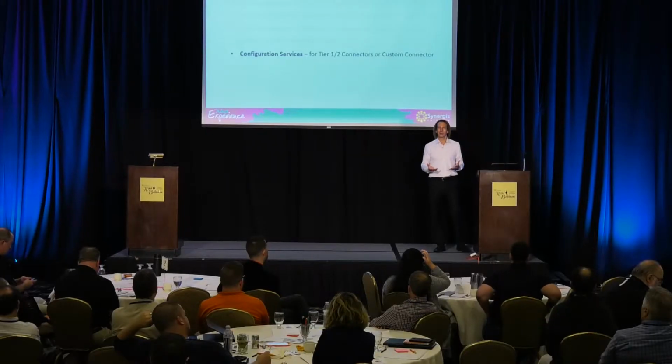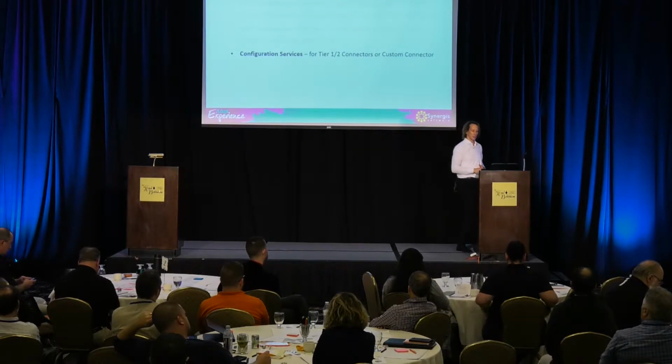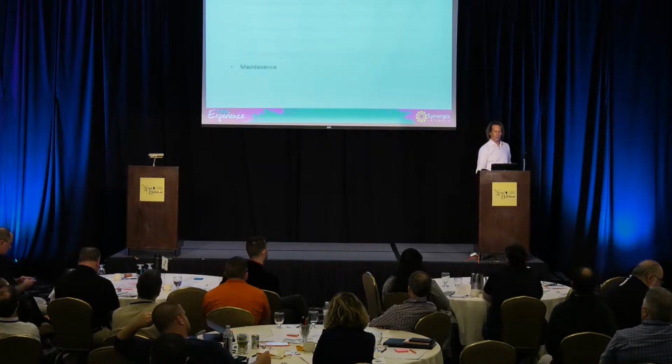A custom connector basically is where we use the Integrator Studio product, which is what is used to build all these Tier 1 or Tier 2 connectors, and we build a connector for you. We might have some tools for that already. We might have done a couple of them, but they're not at the level of a Tier 1 or a Tier 2. So the bottom line is we can integrate just about anything with some of these different methods.